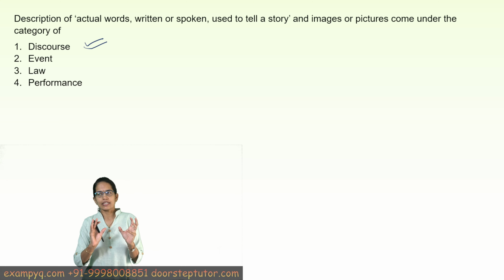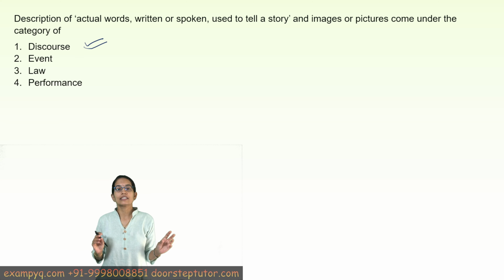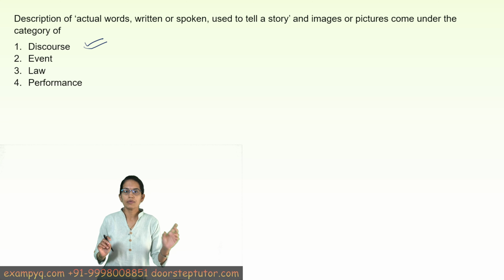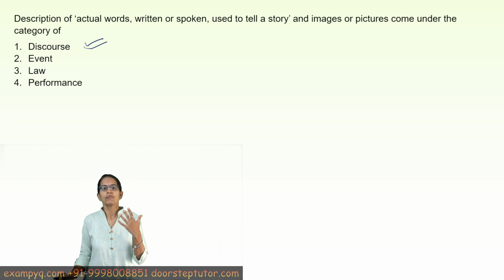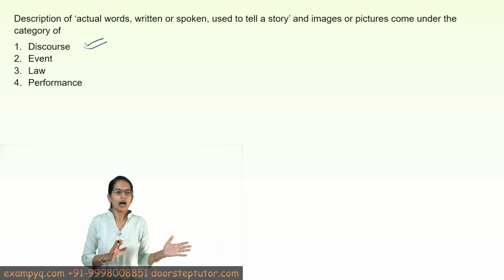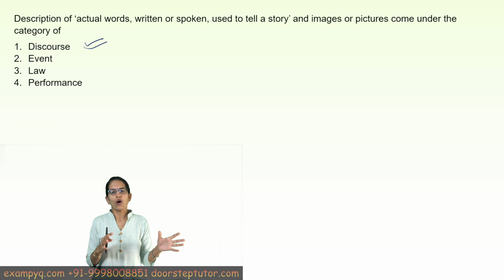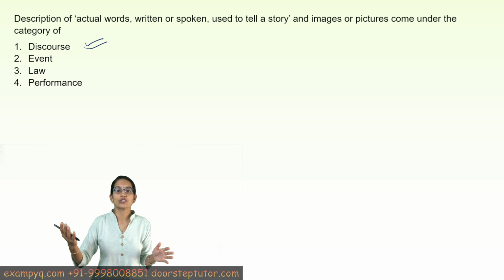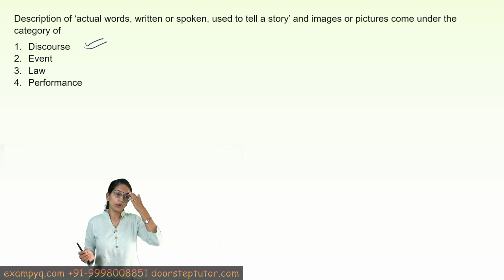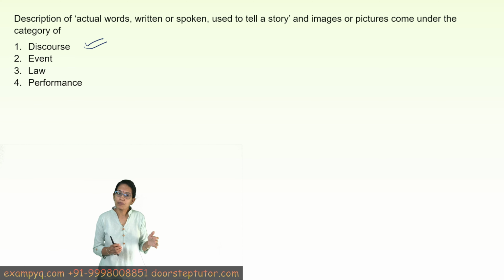So when there is language that comes into action, there is a medium which could be a written medium, it could be a verbal or an oral medium, and it could be in the form of story, it could be in a form of conversation, but all of those are called discourse. However, if we talk about other terms, event is basically two things, how they happen and the flow of that. Law is a set of rules, and performance is when you are trying to showcase your skill set. So that is what is performance. So here the correct answer would be discourse.